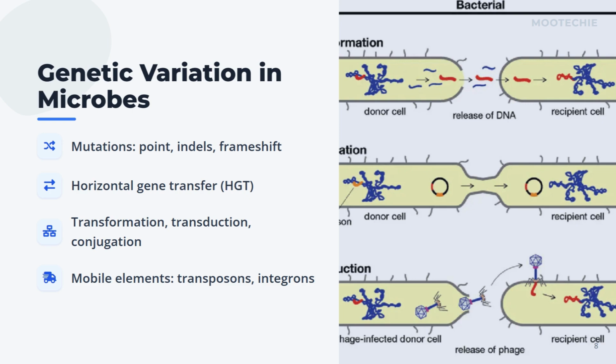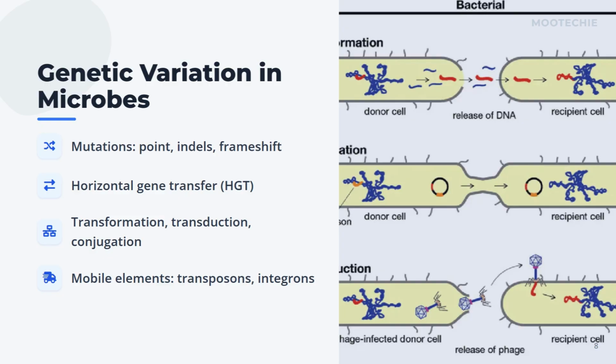The three main HGT methods are transformation, where a cell takes up free DNA from the environment, transduction, where a virus, a phage, accidentally carries bacterial DNA from one cell to another, and conjugation, where two cells connect via a pilus to transfer DNA directly. These processes are often aided by mobile elements, transposons, integrons, which are DNA sequences that can move within or between genomes.